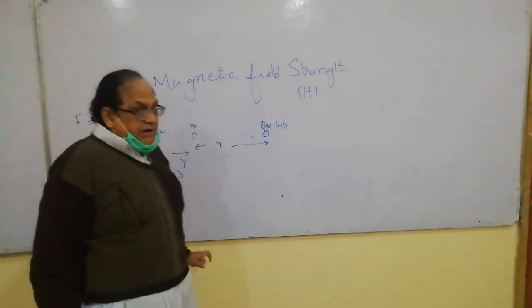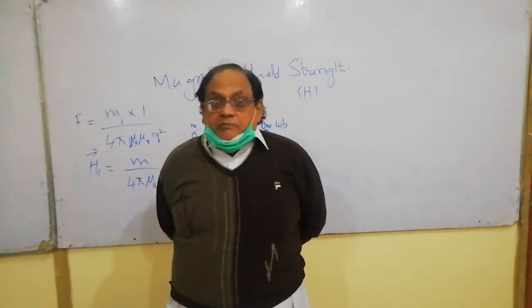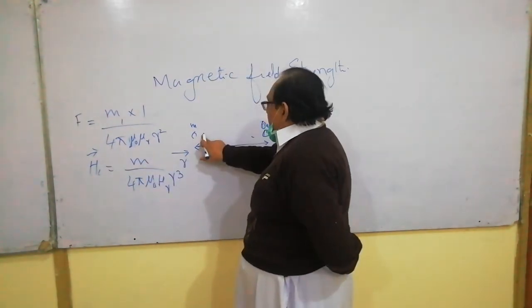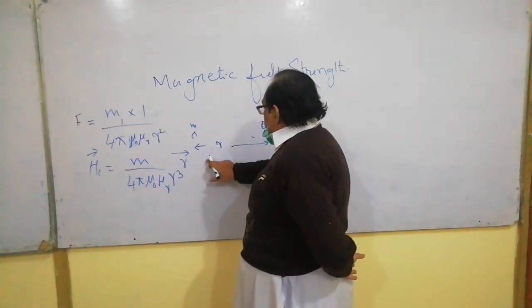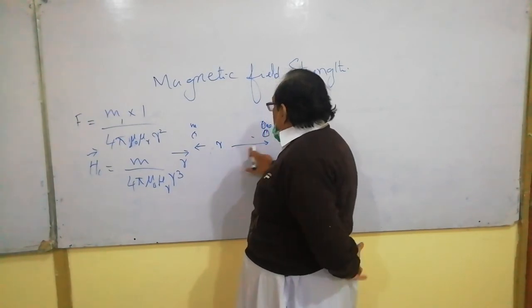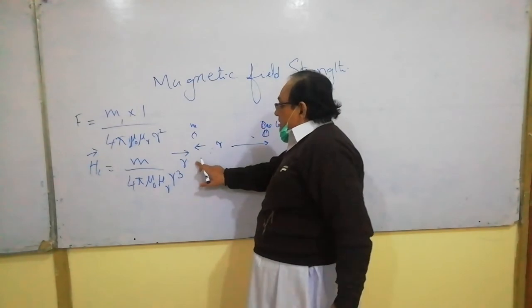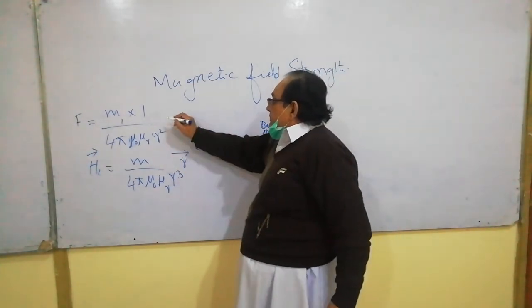So the magnetic field strength is given by the pole strength of this magnet divided by the square of the distance between these two, and a unit vector.